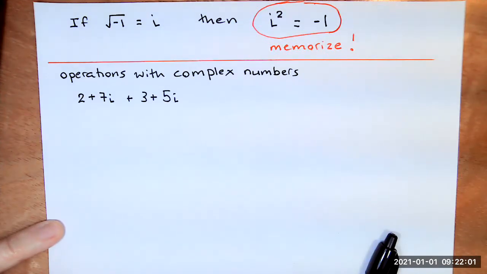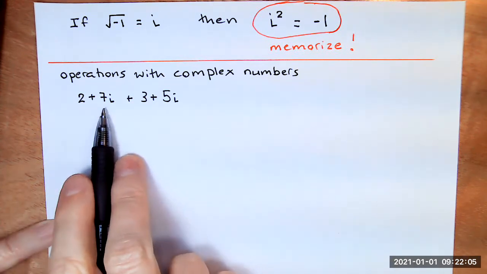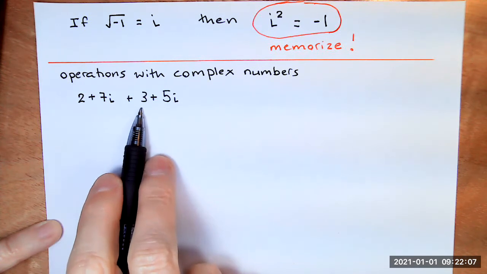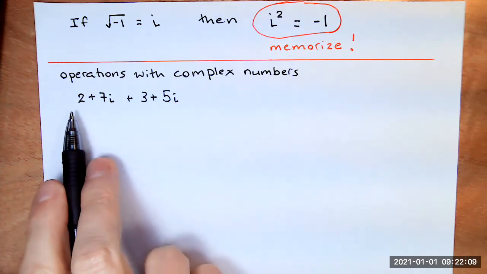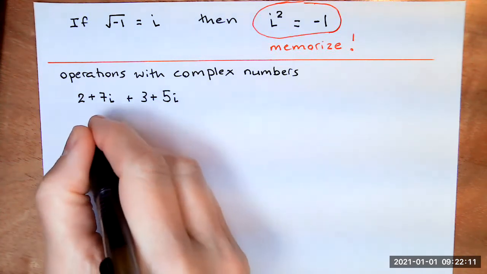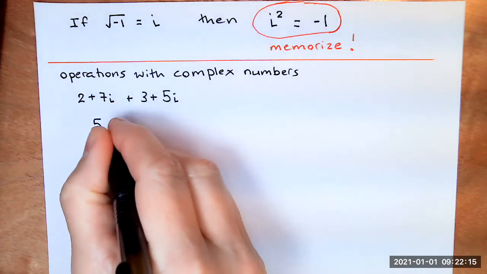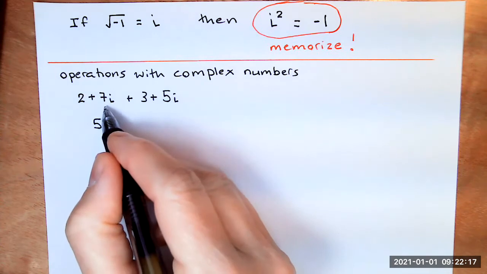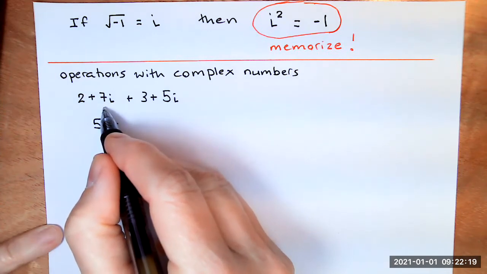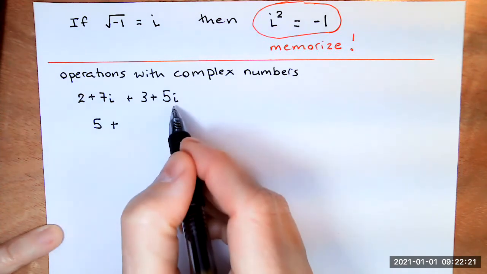All right, let's do some operations with complex numbers. So if you have 2 plus 7i and you add 3 plus 5i, you just add the real parts and add the imaginary parts. So you would just treat it the same as you would if it was 7x and 5x.